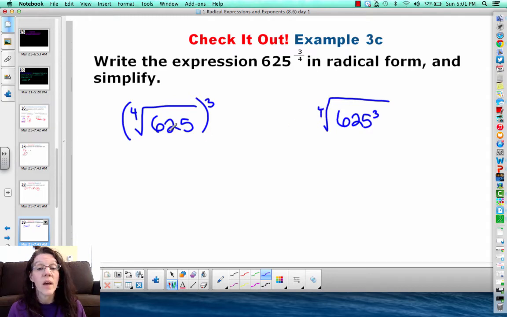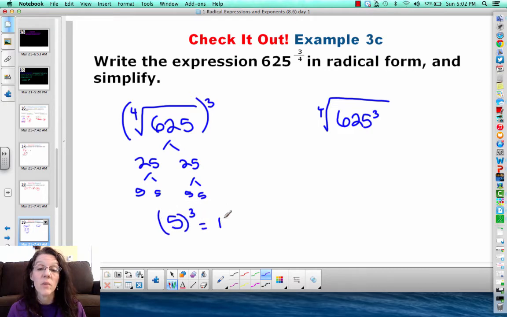Now, since I happen to know that the 4th root of 625 is actually 5, because I can break this down into 25 times 25, and I can break that down into 5 times 5 and 5 times 5, I'm going to work with this one, because the 4th root of 625 is 5 cubed. 5 cubed is 125, and that's our answer.